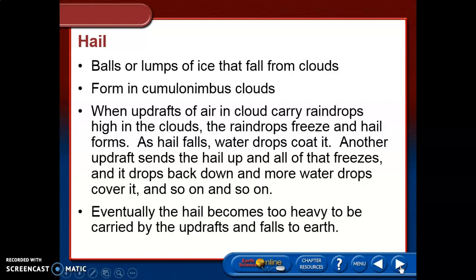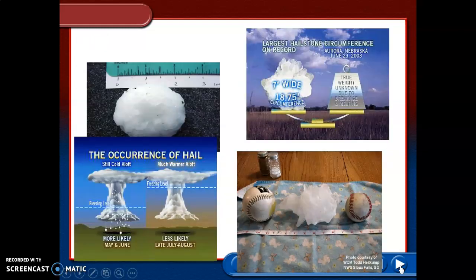More water wraps around those little frozen pellets. It's getting bigger now. It's tossed to the top, freezes, drops to the bottom again. More water wraps around it, gets tossed to the top, freezes, drops to the bottom. And eventually it's too heavy to be carried by those updrafts, and it falls to the earth in the form of hail.